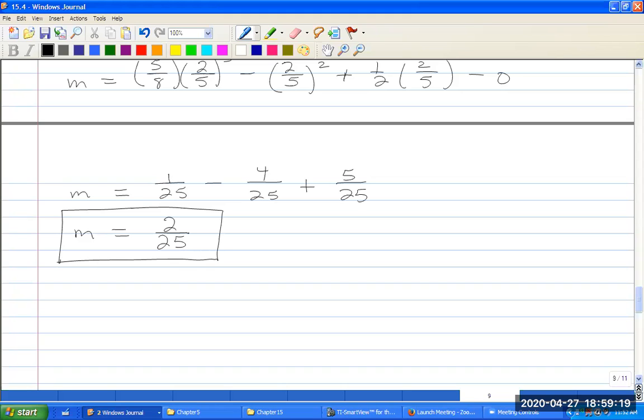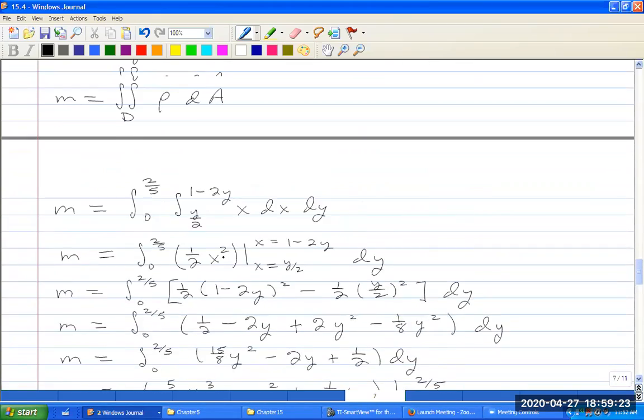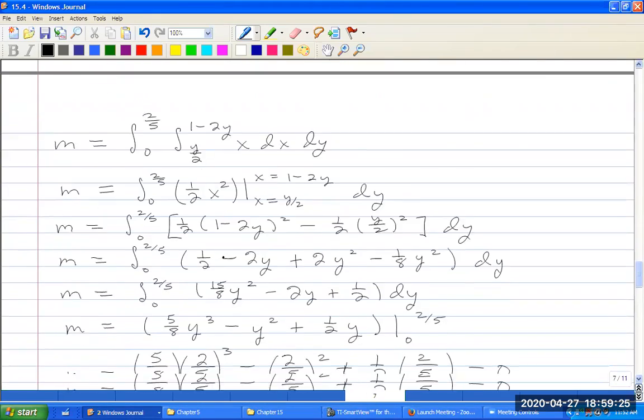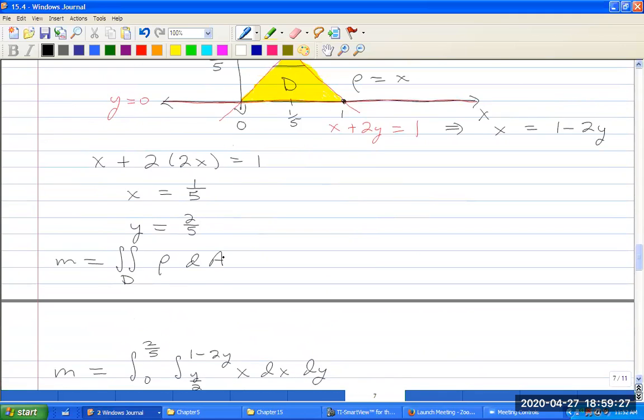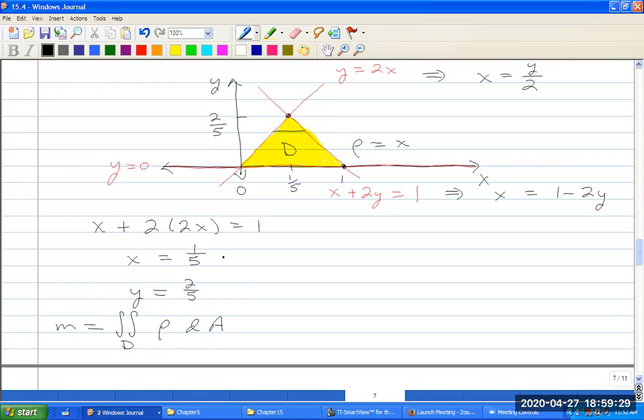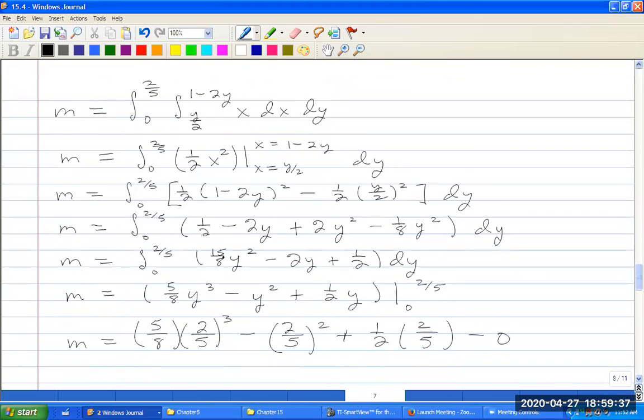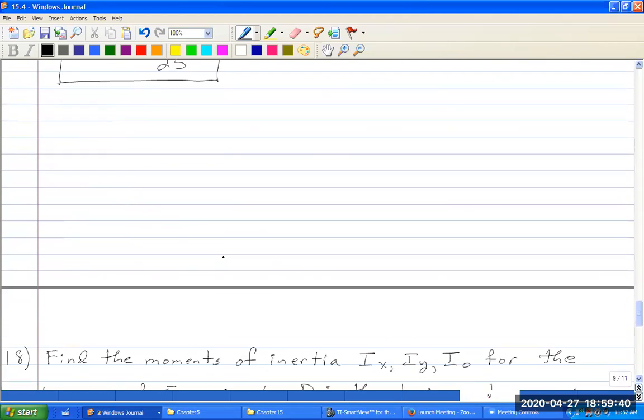Okay, so now let's find the center of mass.